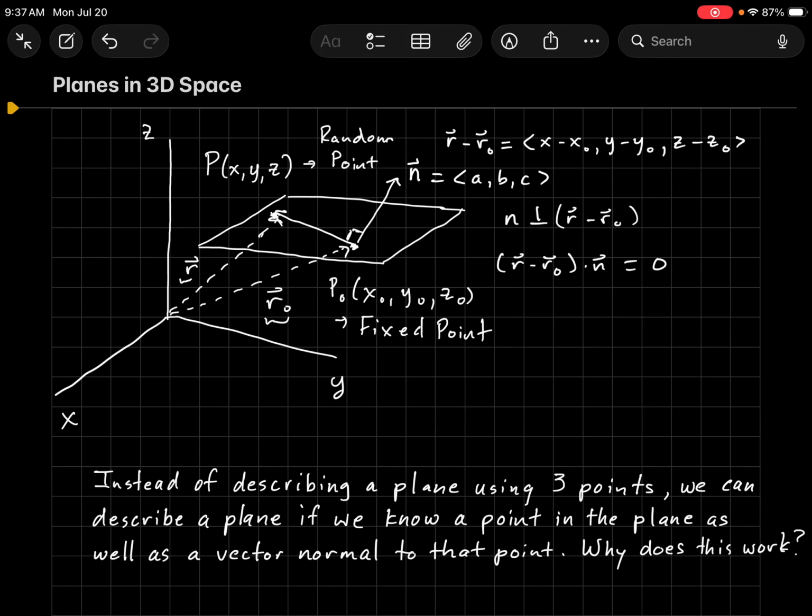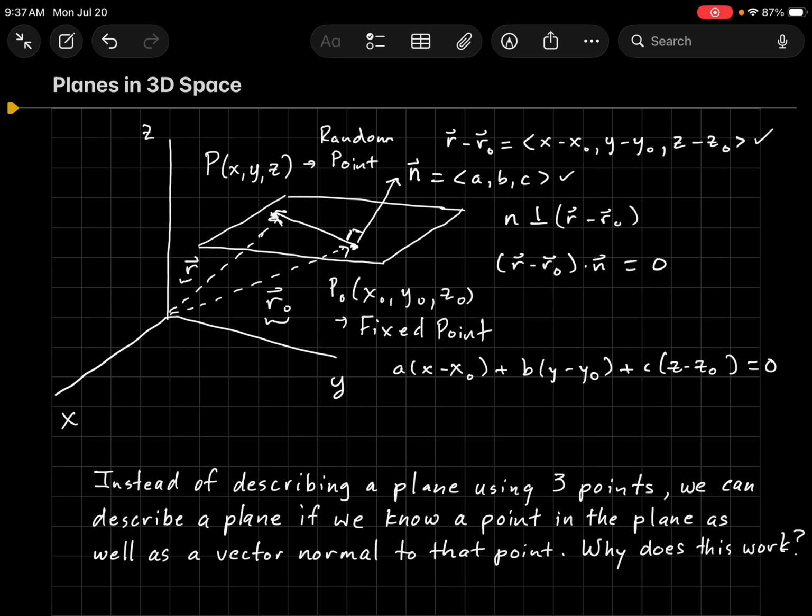So if we fill in, that is, substitute our r minus r naught and our n, and then do the dot product, we see that a times x minus x naught plus b times y minus y naught plus c times z minus z naught must equal 0.